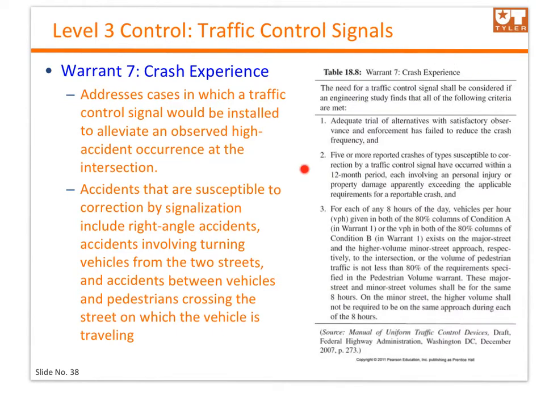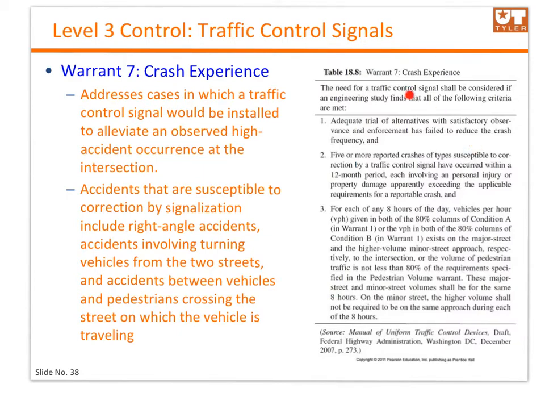Table 18.8, which is also from the MUTCD, talks about the crash experience and what the numbers to consider are. This is for places having too many car crashes, where we therefore need a traffic control signal. I'm going to read off this table. The need for a traffic control signal shall be considered if an engineering study finds that all of the following criteria are met.